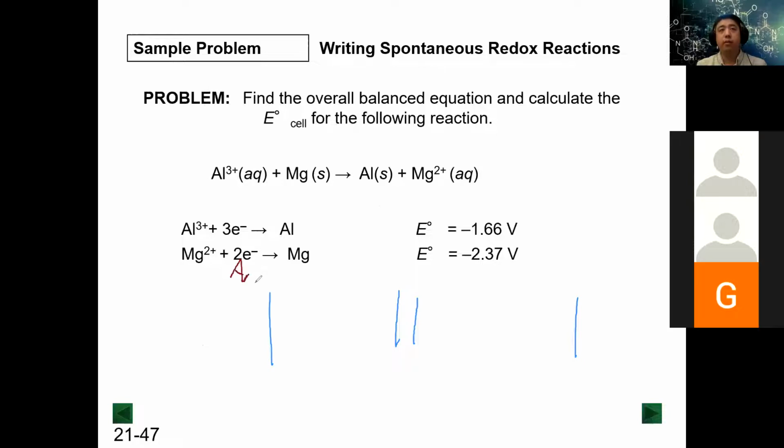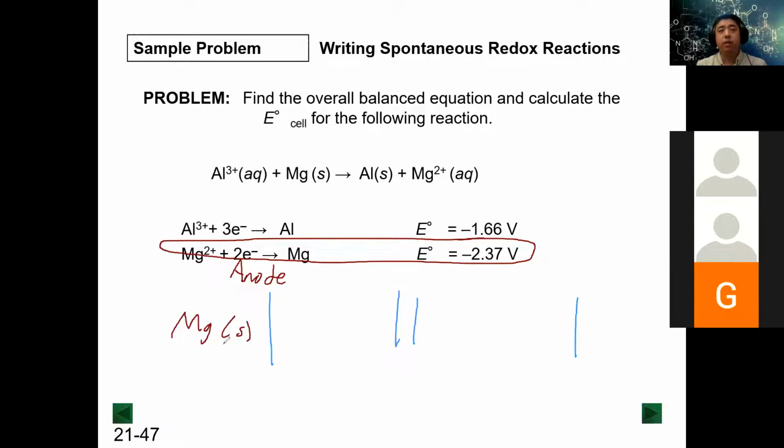The anode. Okay, so this is the one undergoing oxidation. Now we know that this is our anode. This is the one undergoing oxidation, okay? So we start with the metal solid here, okay? And it is changing into the ion form because this is undergoing oxidation. So that is why it should look like this.